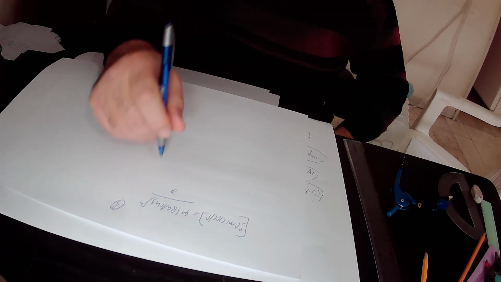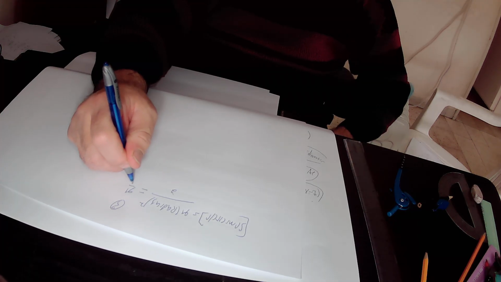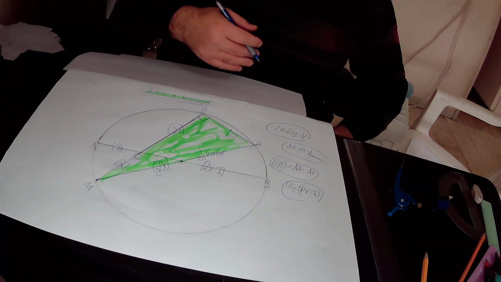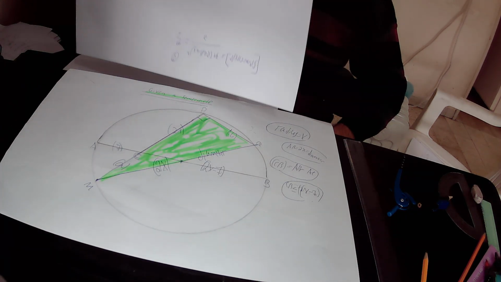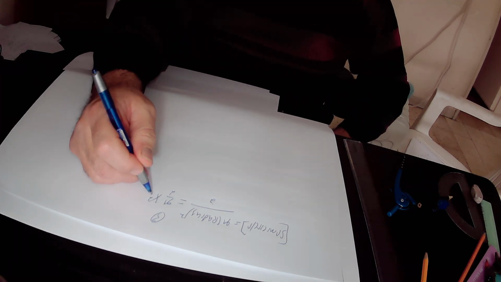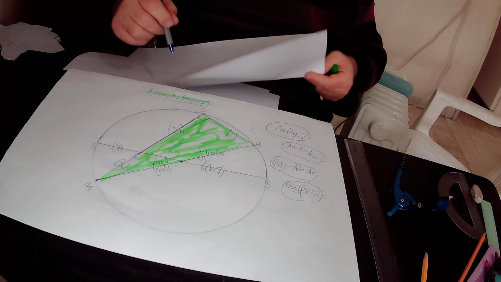Therefore, the area of our semicircle must be equal to pi over 2 times the radius of our semicircle squared. The radius of our semicircle is x, therefore the radius squared is x squared. So in total we found that the area of this semicircle equals pi x squared over 2.